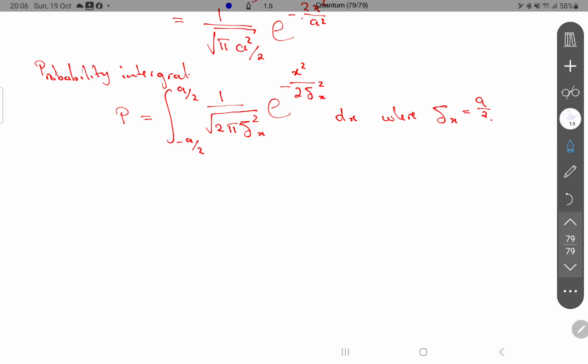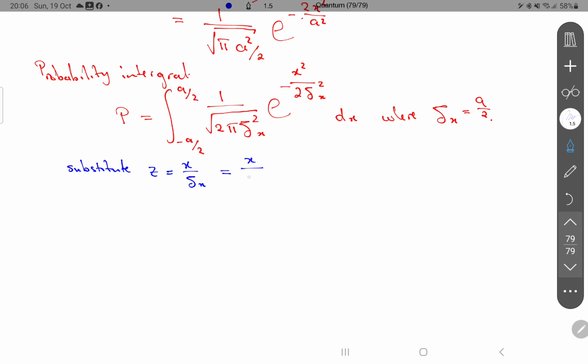Now to solve this, we simplify the integration by substituting. So let's substitute z to be equal to x over sigma x.